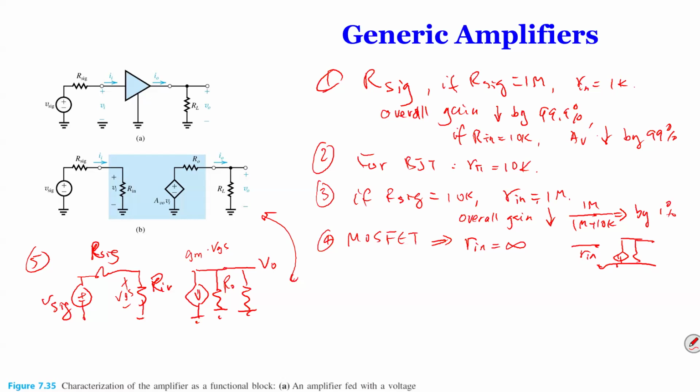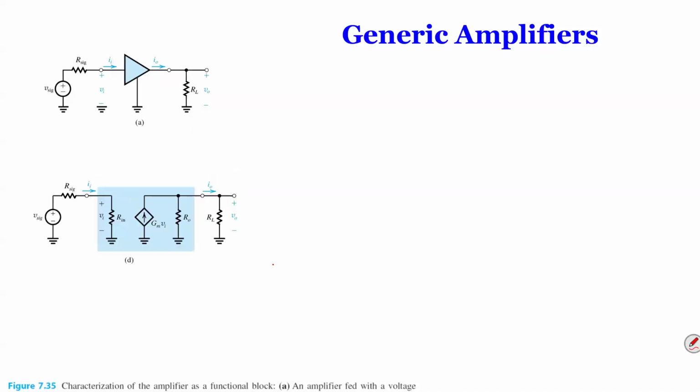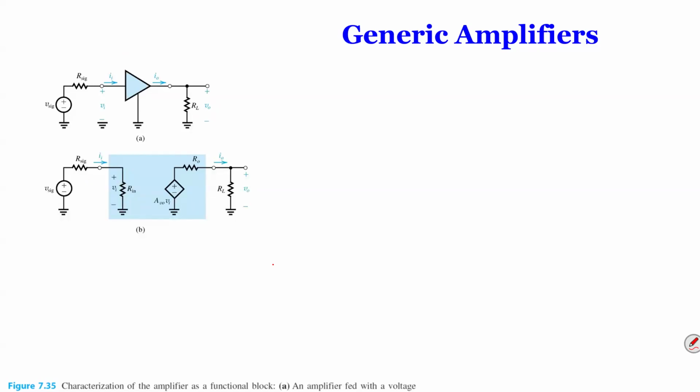So now let's go to the next step. How do you find R in and R O for the amplifier? Because if you cannot find these two, you cannot solve the circuit. For different amplifiers, these two numbers we have to find by doing circuit analysis.